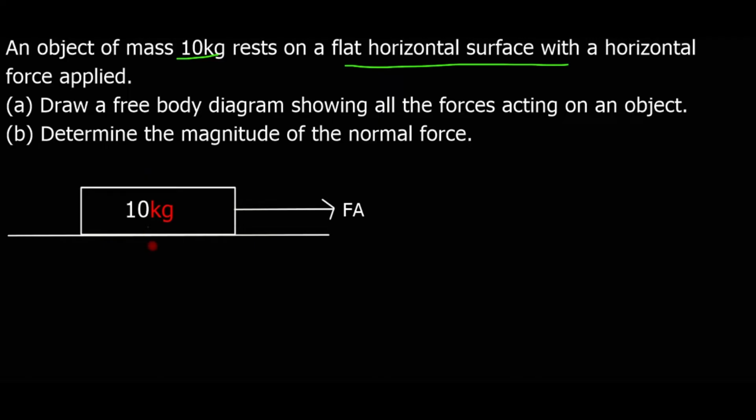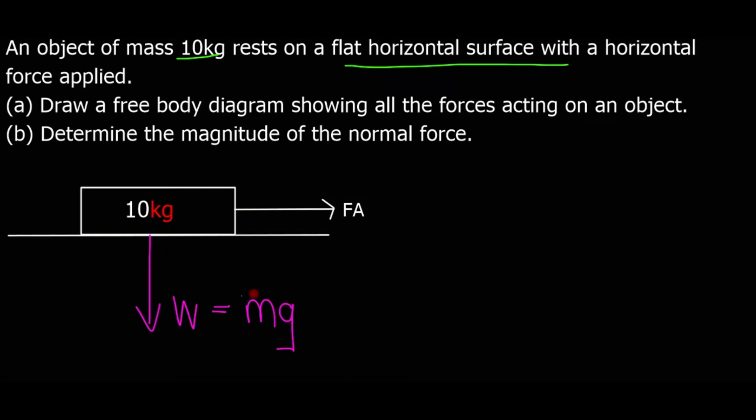This object has mass, so we expect a force of gravity pulling this object downwards. So we have a weight force, which is W = mg.